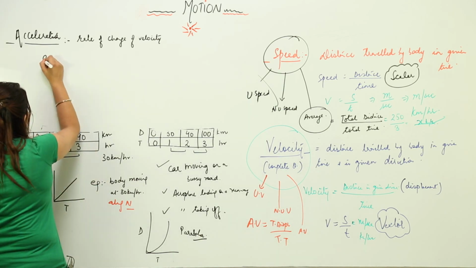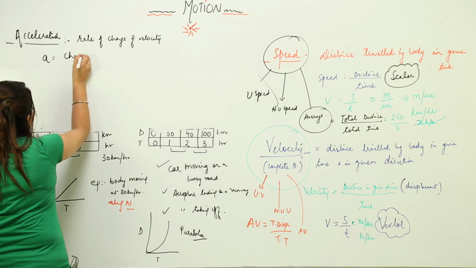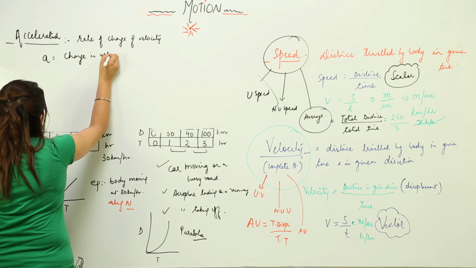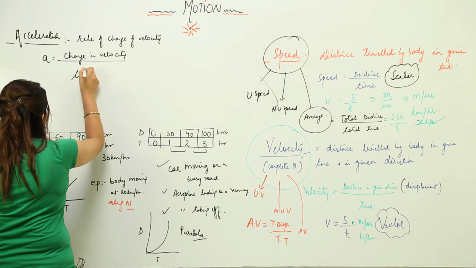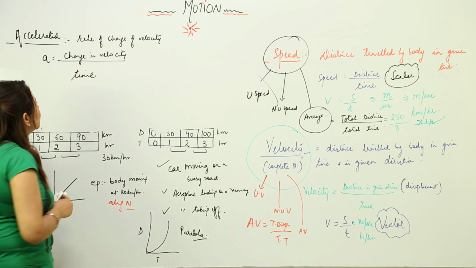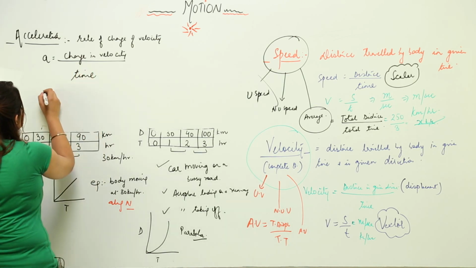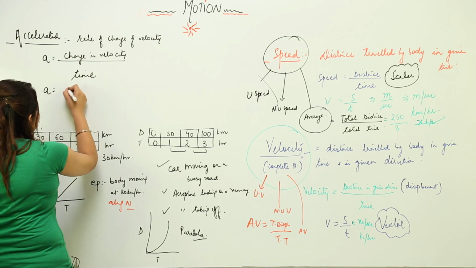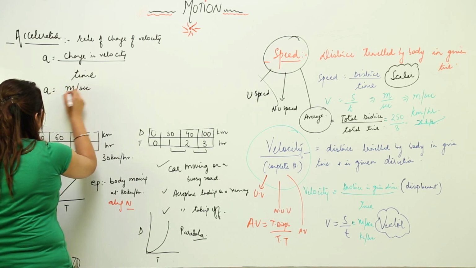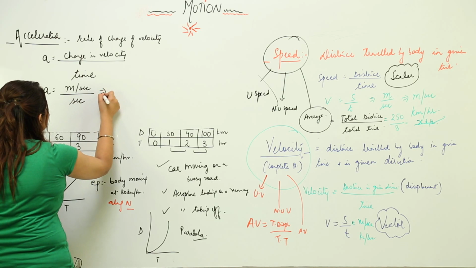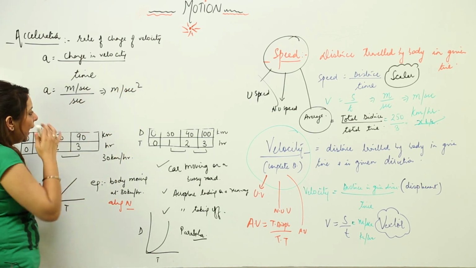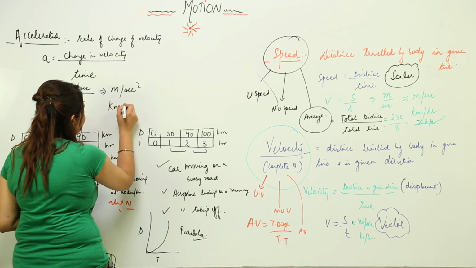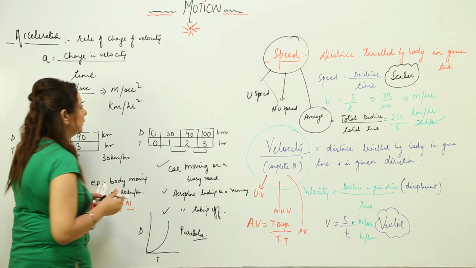Acceleration is denoted by a, it is change in velocity, rate meaning divided by time. So the unit becomes: change in velocity unit is meter per second and unit for time is second. So it comes out to be meter per second square, and as a bigger unit it comes out to be kilometer per hour square.